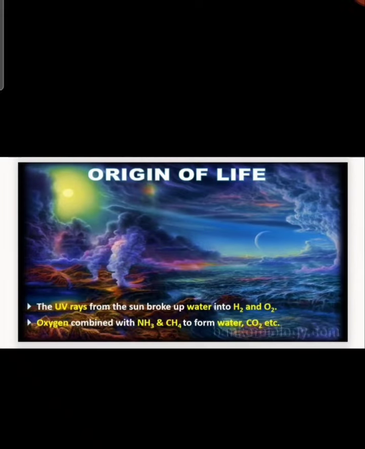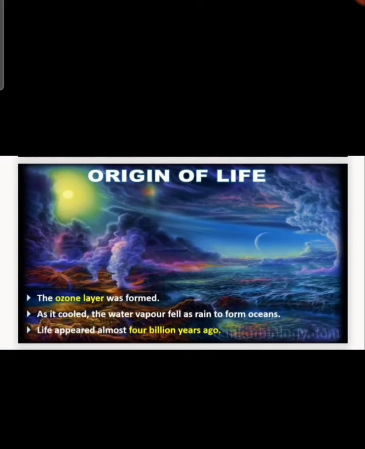Later, the UV rays from the sun broke up this water into hydrogen and oxygen, and this oxygen combined with ammonia and methane to form water and carbon dioxide, and the ozone layer was formed. As it cooled, the water vapor fell as rain to form the oceans.